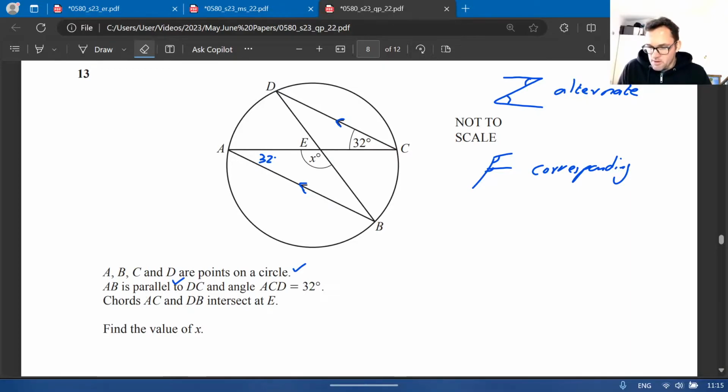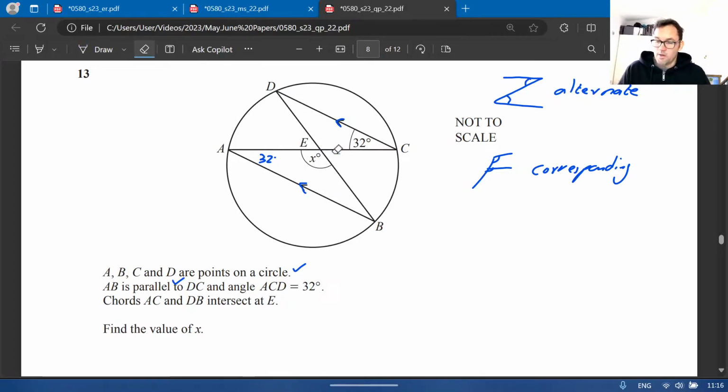Chords AC and DB intersect at E. Be careful now, they don't tell us that this is the center of the circle. If they told us this is the center of the circle, they would say it is the center, and they would put a little O there, like so. But they didn't, so we don't know if that is the center of the circle.